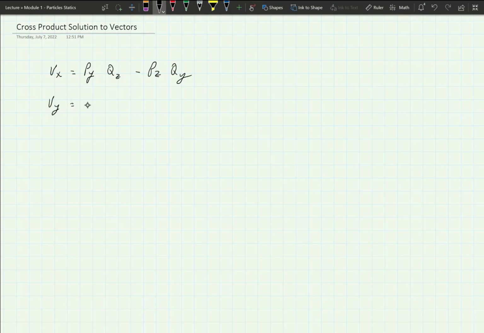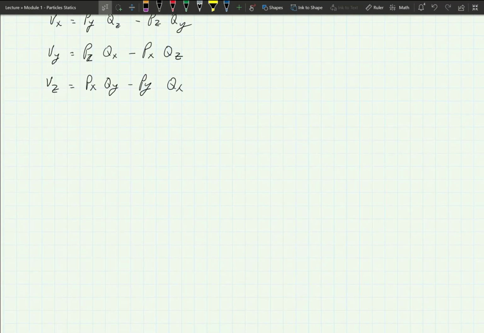V of y is equal to p of z q of x minus p of x q of z, and then v of z is equal to p of x q of y minus p of y q of x. Okay. There's some fun with that equation too.